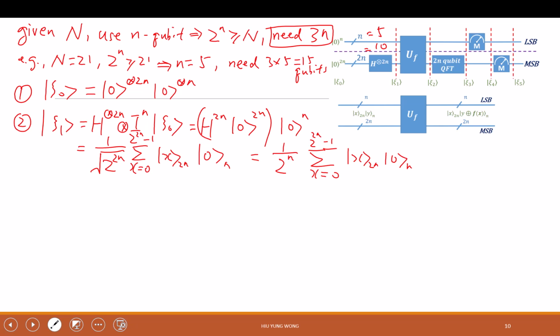It's an equal superposition of all the basis states, from 000 all the way to 111, or these 2 to the power 2n basis states. In the special case of 1 qubit, what you have is |0> plus |1>. With 2 qubits, you have |00> plus |01> plus |10> plus |11>. Remember? Any questions?